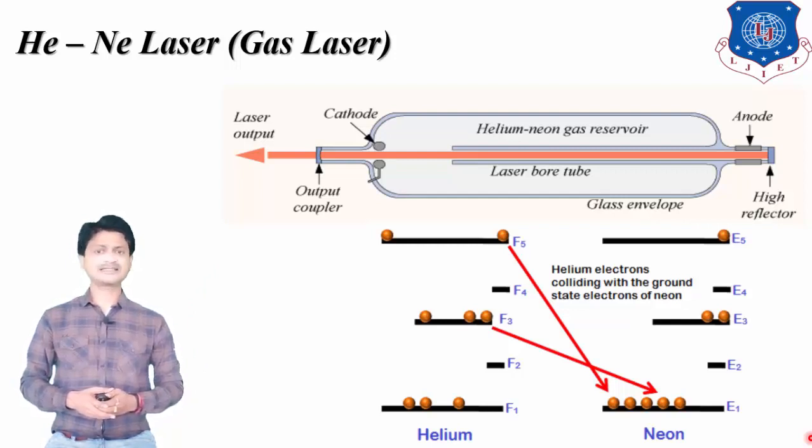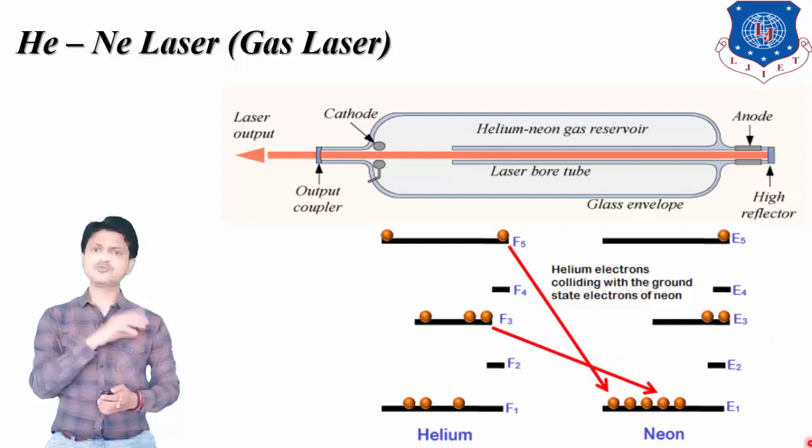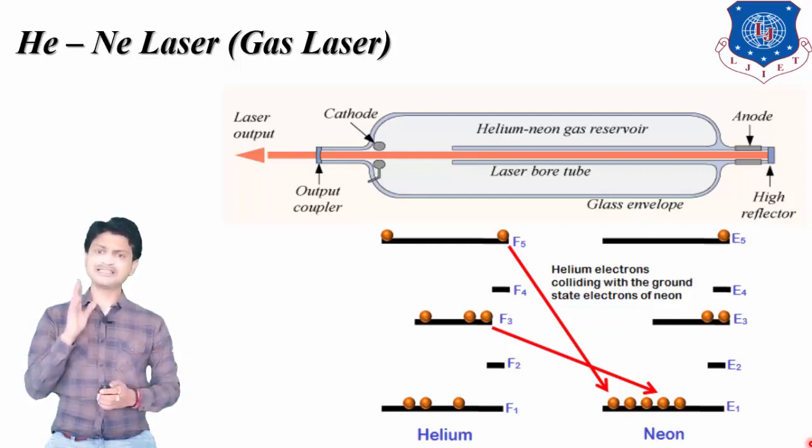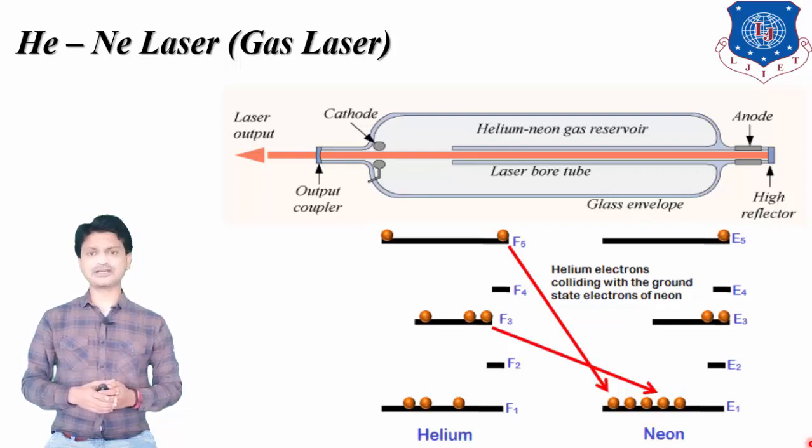Now let's discuss the third component, that is the resonating cavity. The glass tube is placed between two parallel mirrors. These two mirrors are silvered or optically coated. As we know, each mirror is silvered differently.